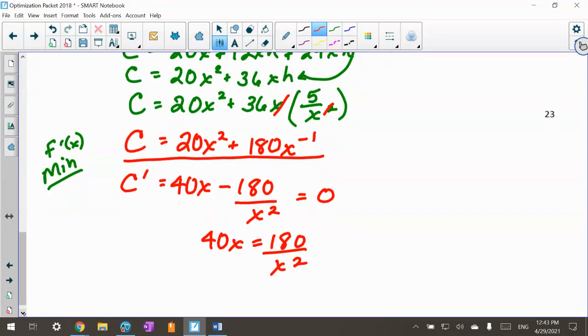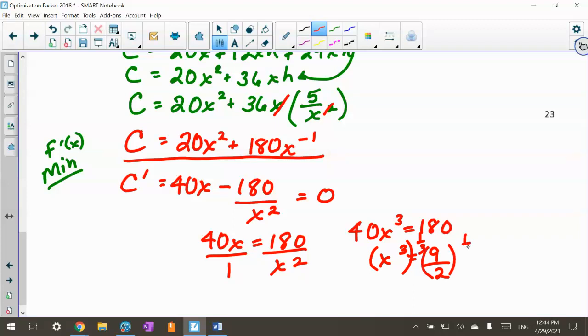Cross multiply, so I have 40x cubed equals 180. Divide by 40, x cubed equals 9 over 2. Take the cube root of that, so raise each side to the 1/3. When I do, I get x to be 1.65 meters.